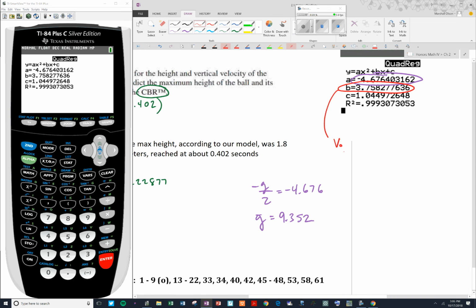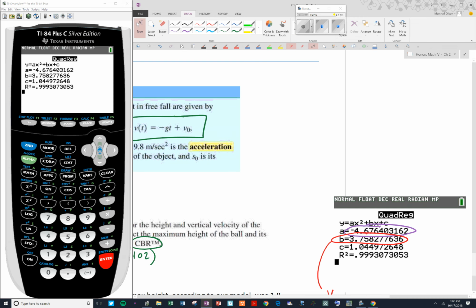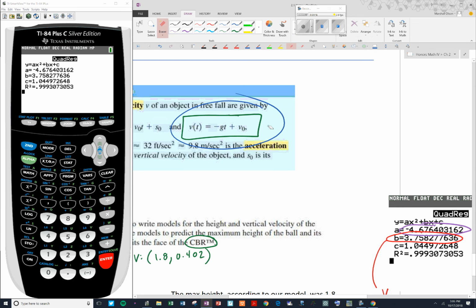So what we know is that the velocity will be negative 9.352 t plus 3.758 using that equation that I have right there.